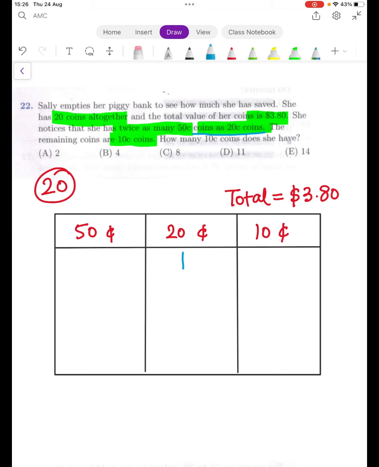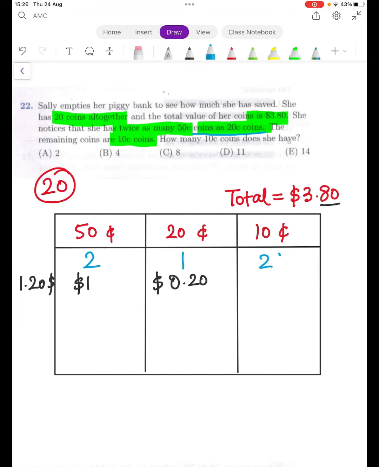If she has one 20-cent coin, that means she must have two 50-cent coins. In amount, this is $1 and this is 0.20. That will amount to 1.20. That means in order to make it 3.80, we still need 2.60 more.